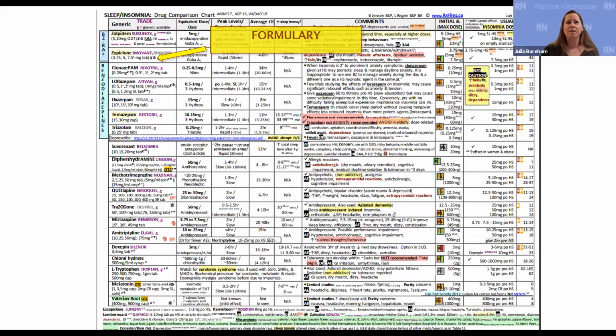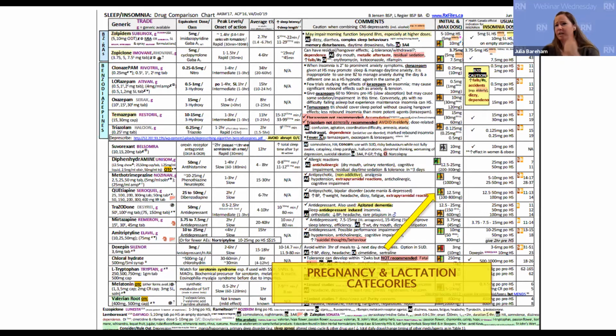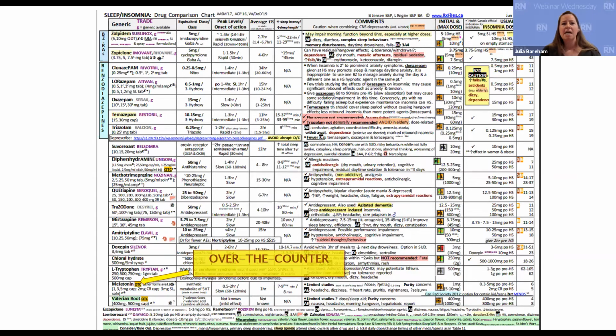Because it's great if we think a drug is the drug for our patients, but if they can't afford it and they don't have drug coverage, this could be an important consideration for some. Here in this chart, you'll see the pregnancy and lactation categories are hiding next to the dosing recommendations. And in some charts, there are some over-the-counter products available, and that will also be denoted. So something you could send patients to the pharmacy to pick up themselves.